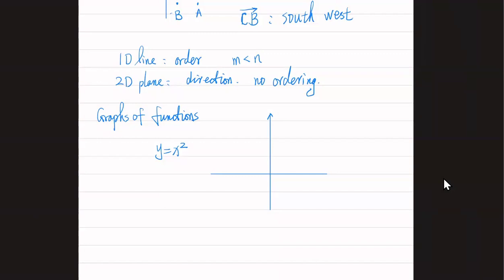Okay, Peter, do you know the graph of this function? Okay, yes. He answered. This is a parabola. So let's pick a few points and see how to graph this.